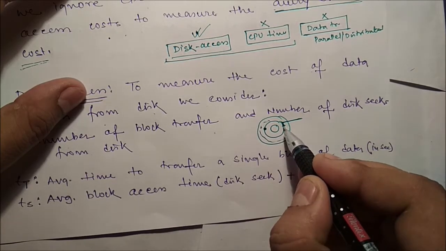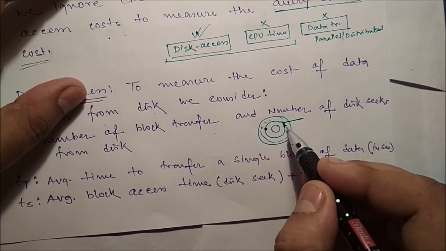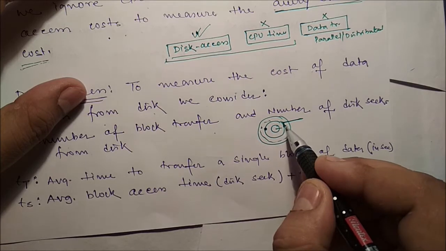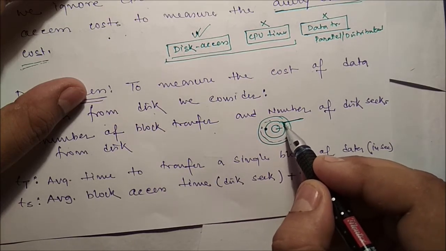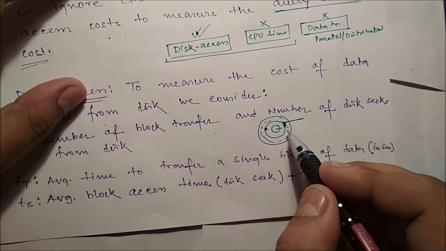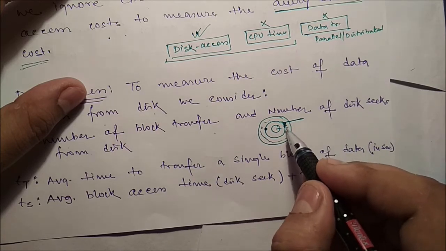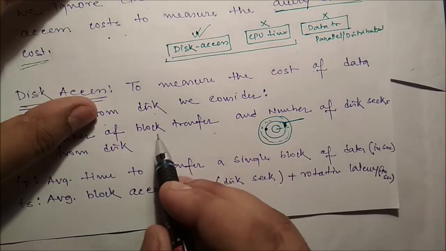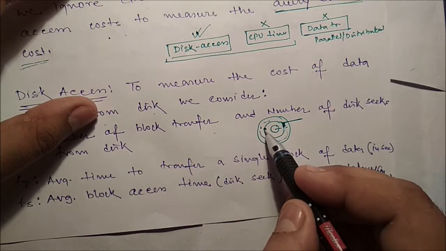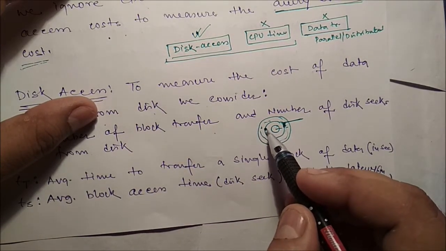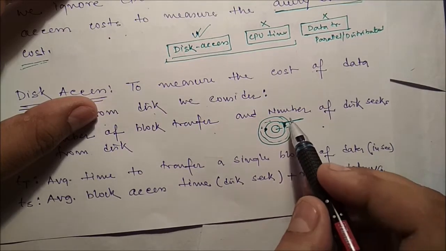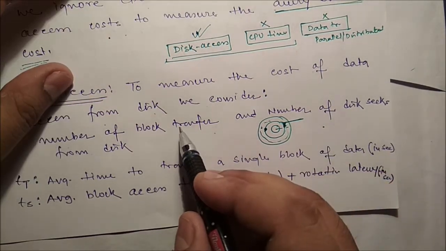So the head must search where the data is present, by rotating the disk or the head's reading or writing part. That is called data seek. After identification, the data must be transferred from the hard disk to main memory. So there are two parts: data searching and data transfer.